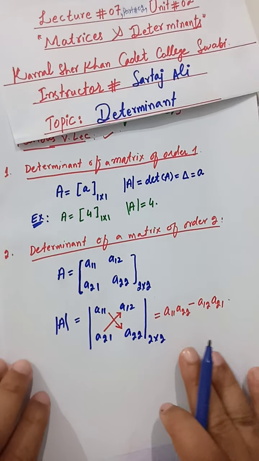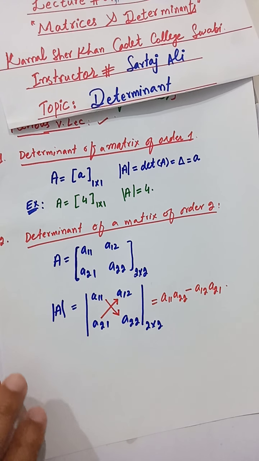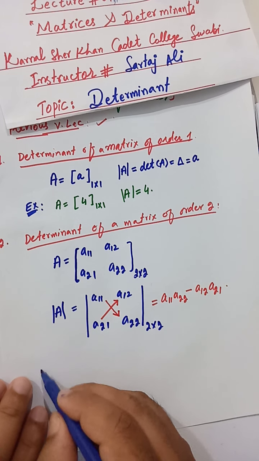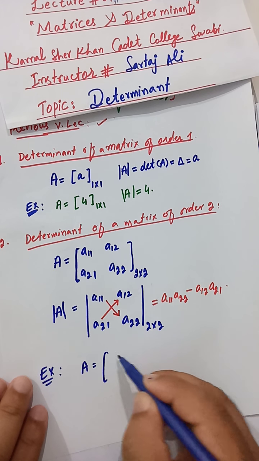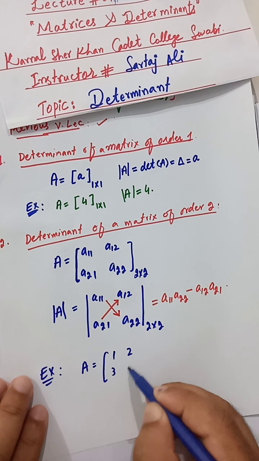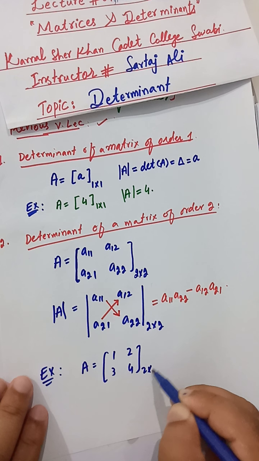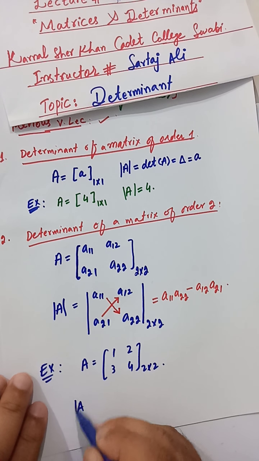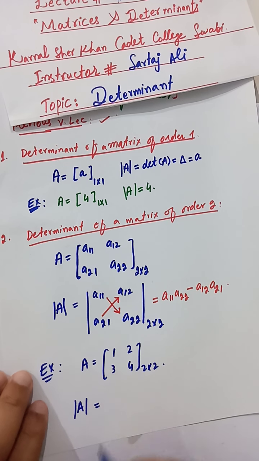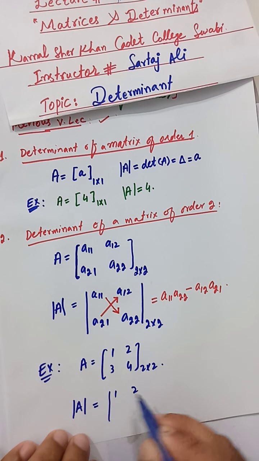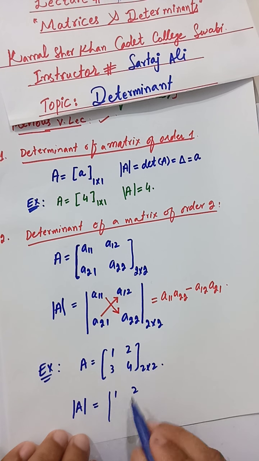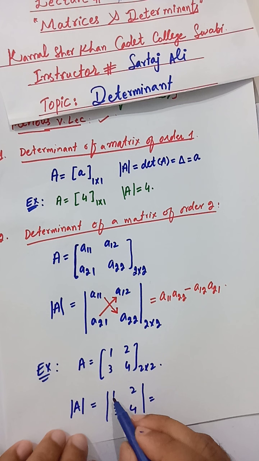If I consider an example, let's say I am considering a square matrix of order 2, 1, 2, 3, 4. So its determinant is denoted by this, and that will be equal to 1, 2, 3, 4, the brackets will be changed into bars, and that will be diagonal elements.